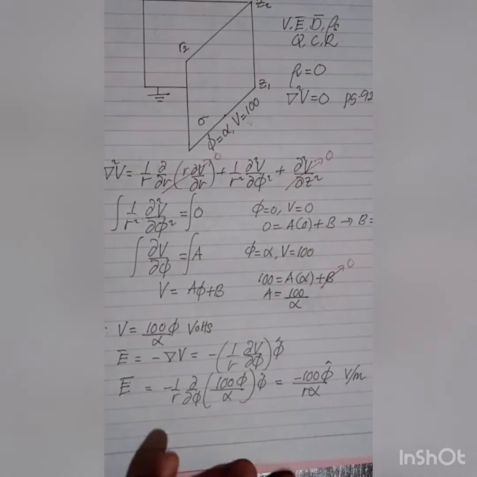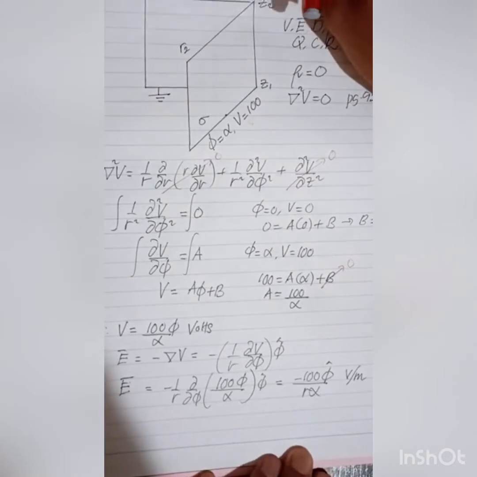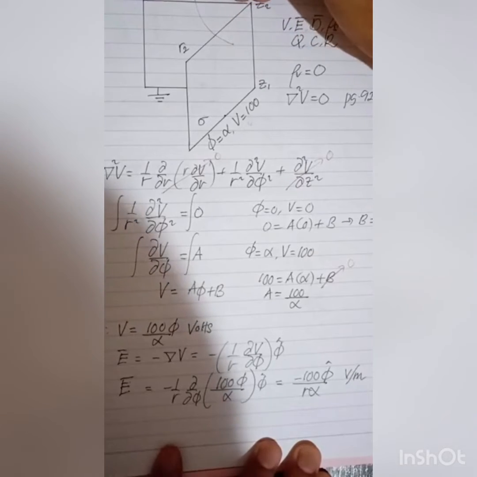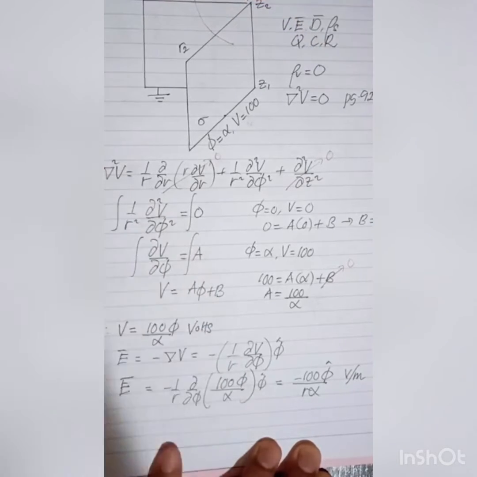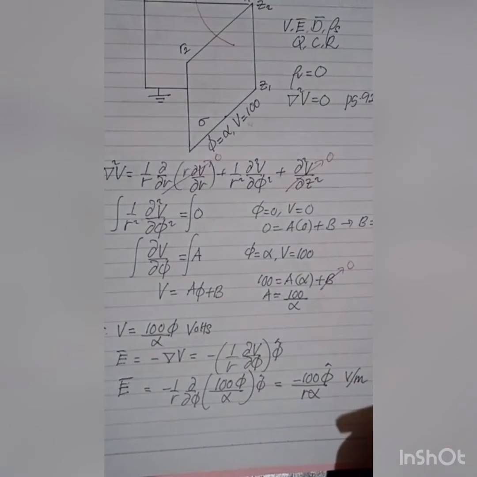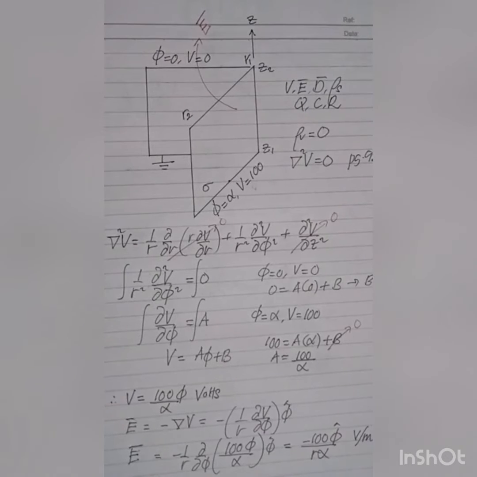So you can see from this diagram, we can simply draw your E field in these directions. And we know that from the E behavior, E will always propagate from higher potential to lower potential, or we can say that E will propagate from the positive charge surface to the negative charge surface.